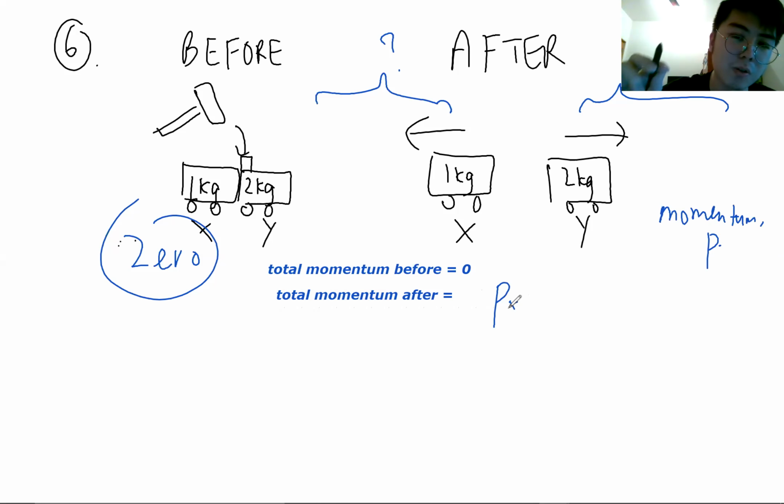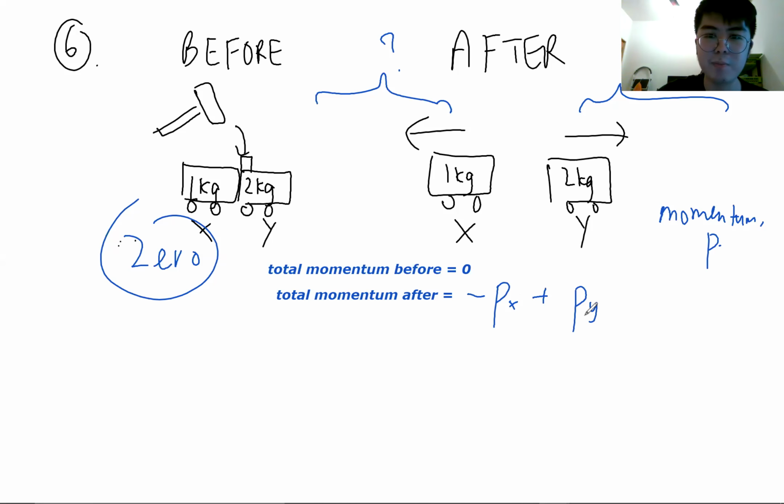Momentum is also a vector quantity, meaning that it has direction. Trolley moving to the left has negative momentum, and trolley moving to the right has a positive momentum. So this one is minus px and plus py. This is the total momentum of the two trolleys after collision.